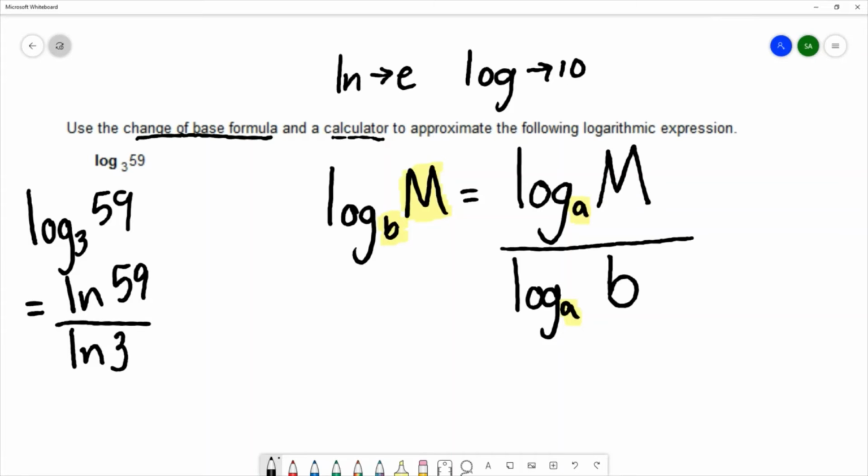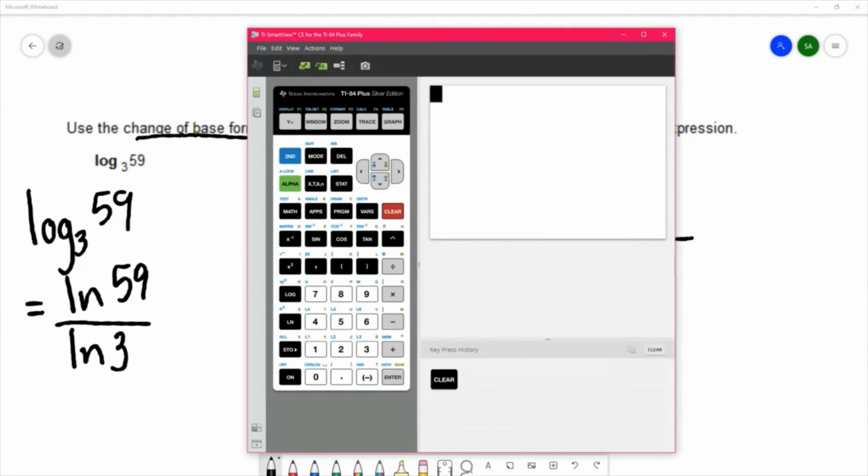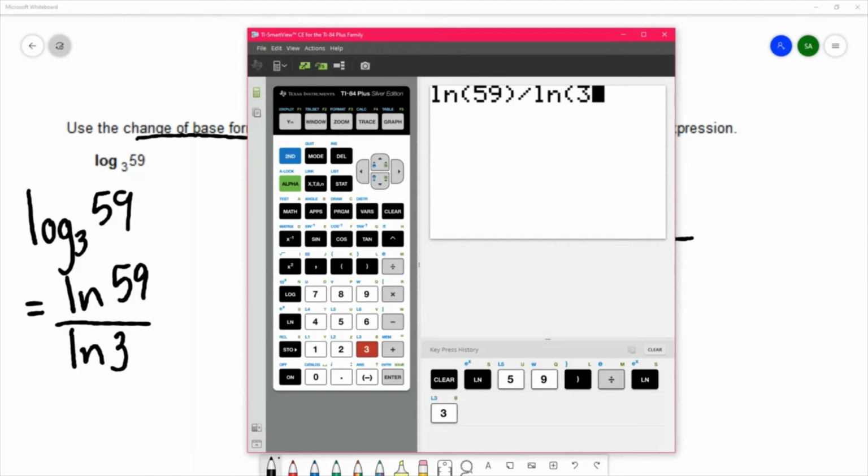Now I want to use a calculator to approximate this expression. Use natural log of 59 divided by natural log of 3.